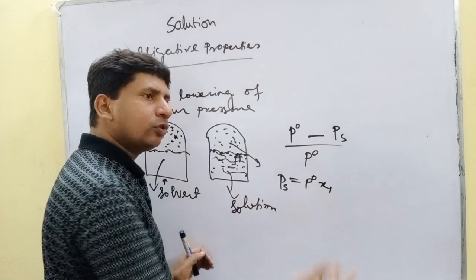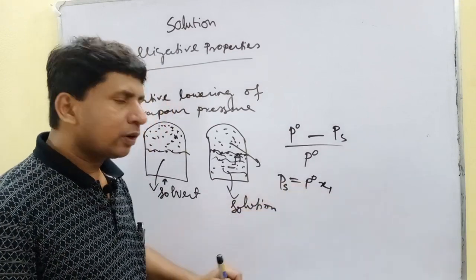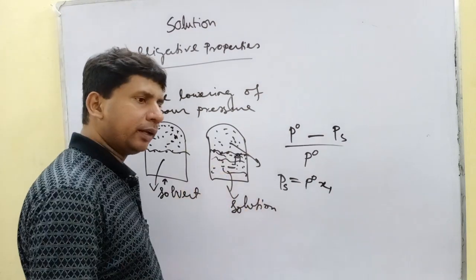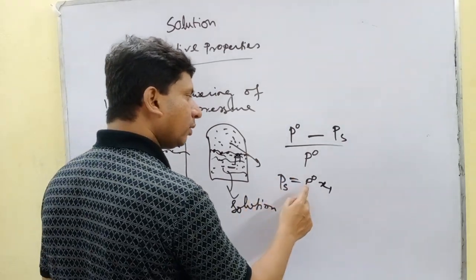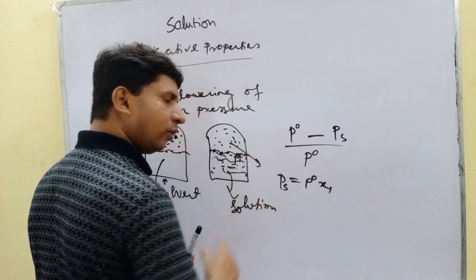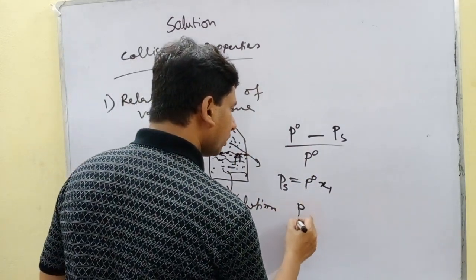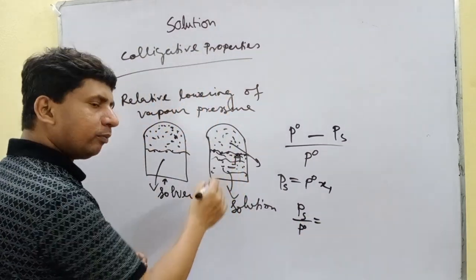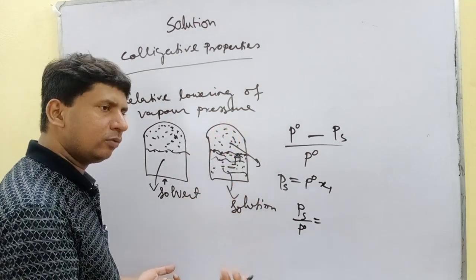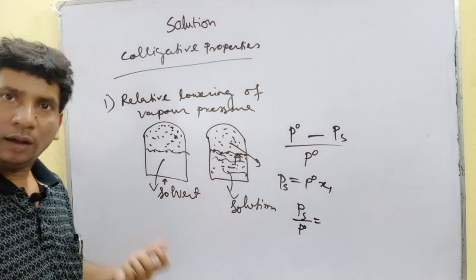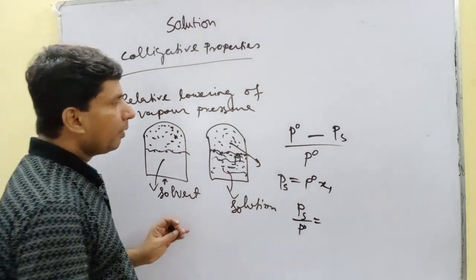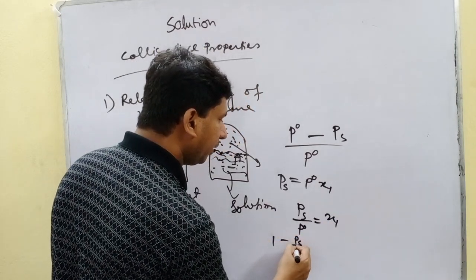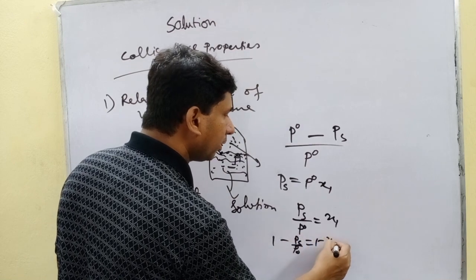Since solute is non-volatile, it has no vapor pressure, and vaporized particles come only from the solvent. So PS equals P0 into X1, then PS by P0 equals X1, then 1 minus PS by P0 equals 1 minus X1.